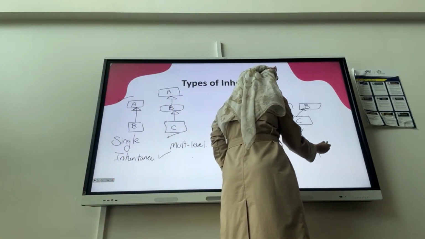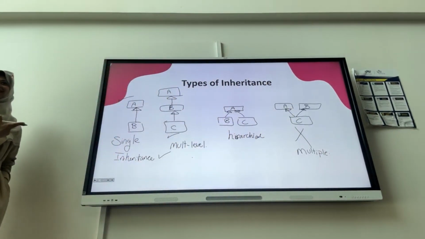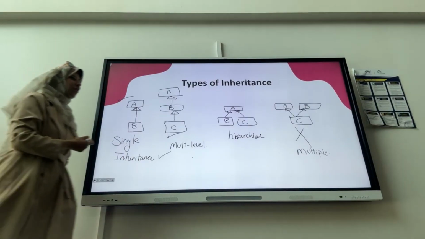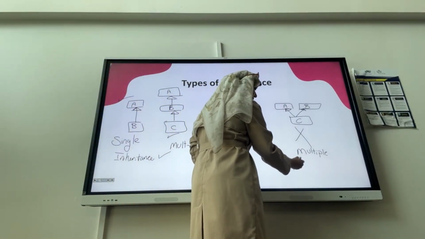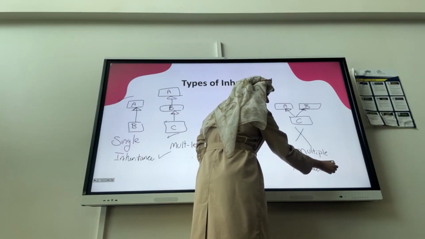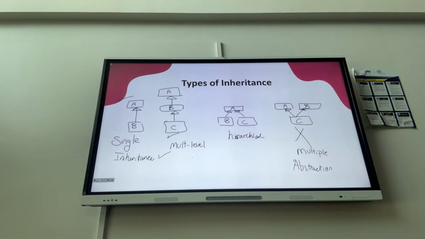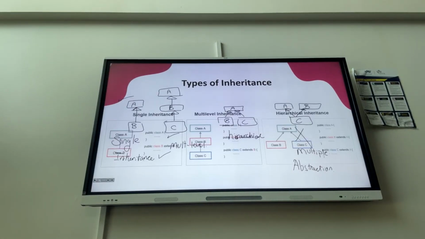It's not directly supported in Java, but there is a twist. Do you remember? Interfaces, thank you. So the level of abstraction can actually achieve this. We'll talk about this in a while. So this is just the same.